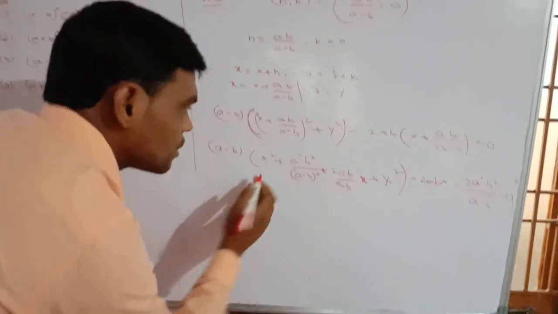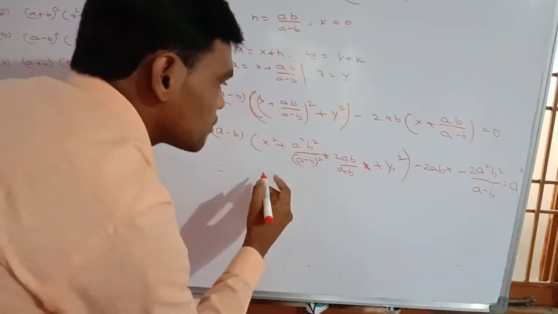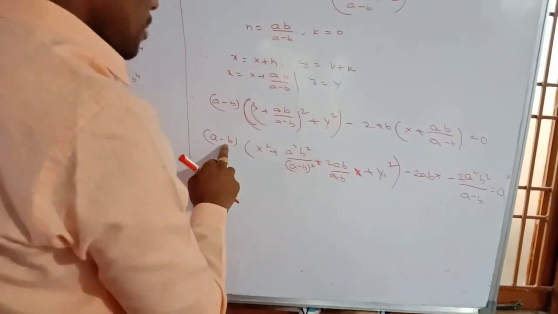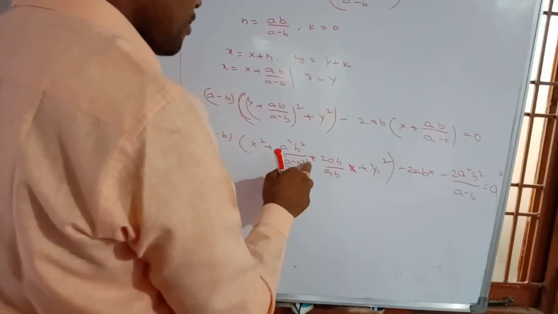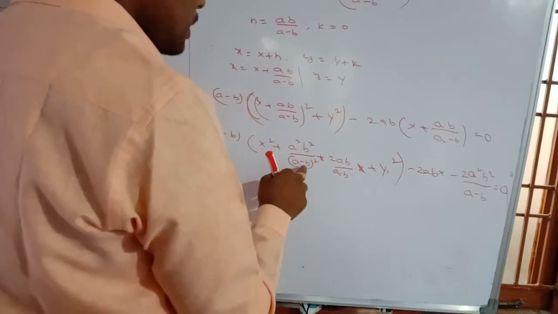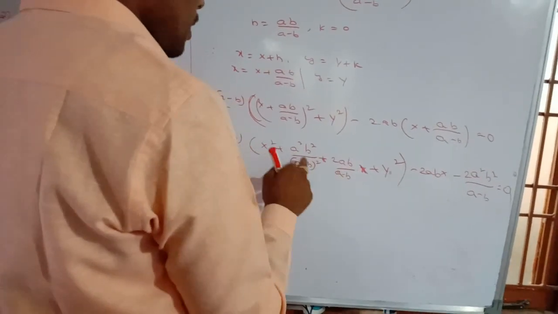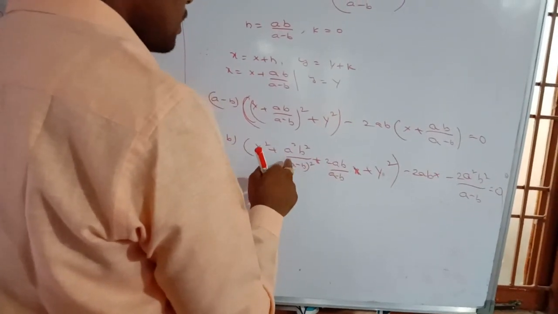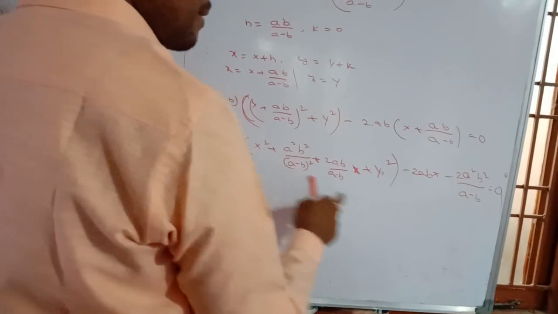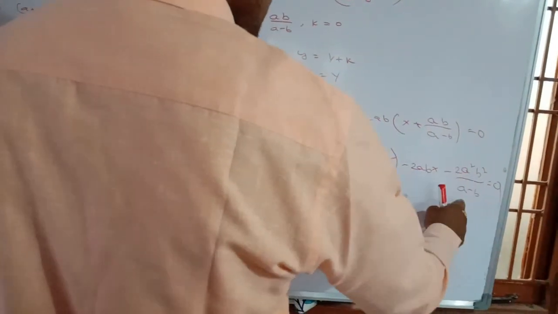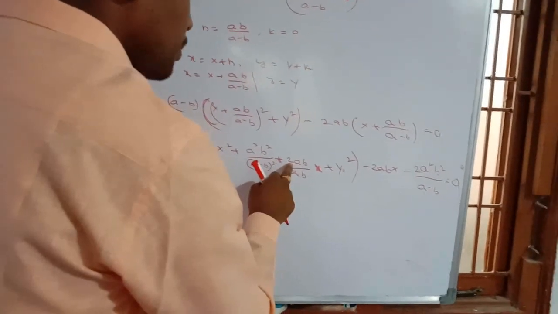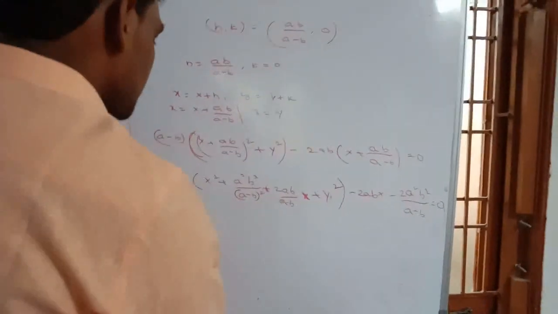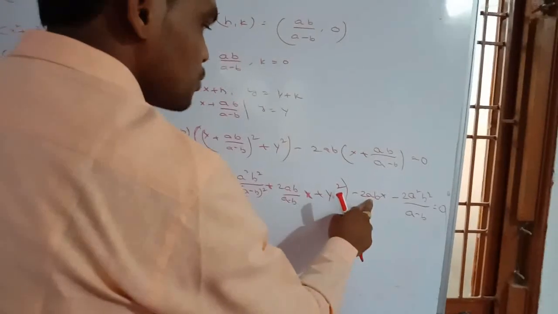Solving, x square plus y square, a minus b into something is a minus b into a square plus b square by a minus b whole square. This is a single term, so a minus b cancels, so a square b square by a minus b, a square b square by a minus b. Next, a minus b into 2ab by a minus b, a minus b is cancelled, plus 2abx minus 2abx is cancelled.